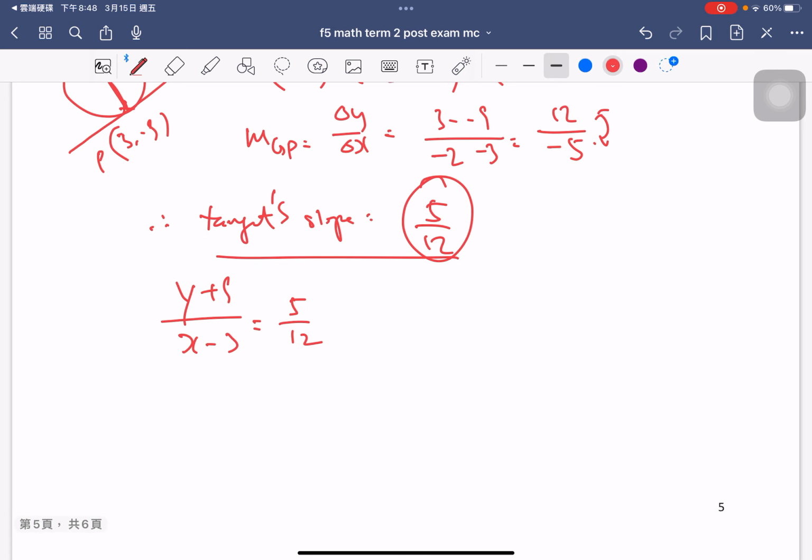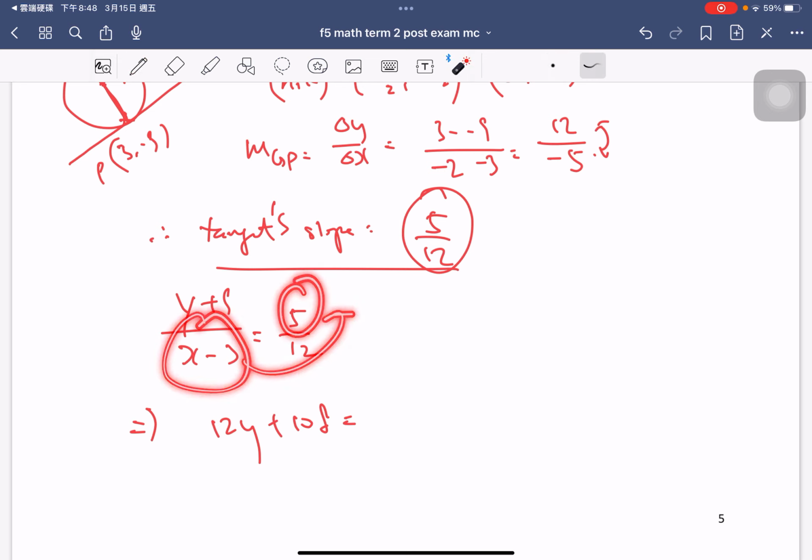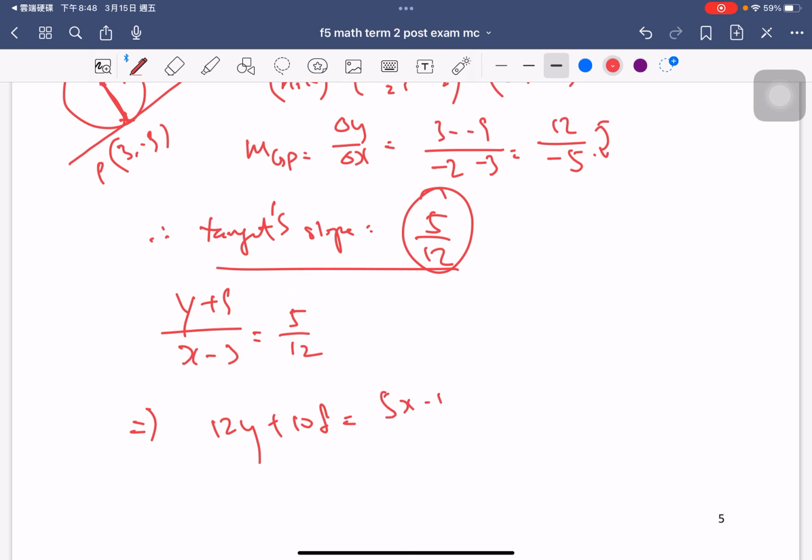Then what we're going to do is to get rid of the fractions. I want to make y the subject, so I just need to move the 12 to the left hand side and move the x minus 3 to the right hand side. Now we have 12y minus 9 times 12, which should be 108, equal to 5 times x minus 3, so that's 5x minus 15.